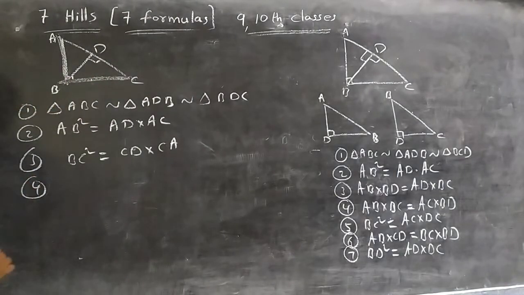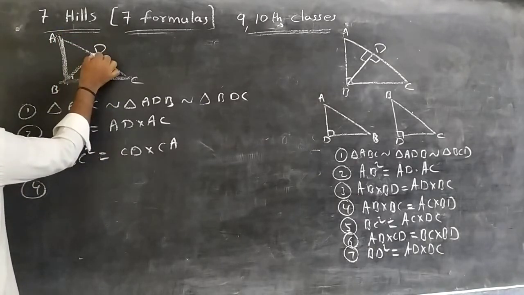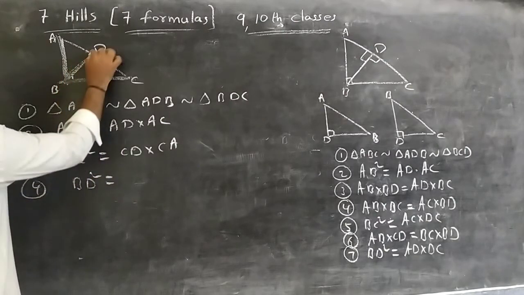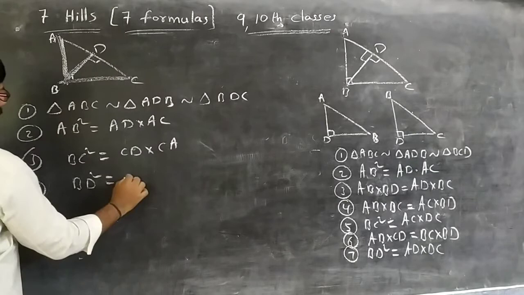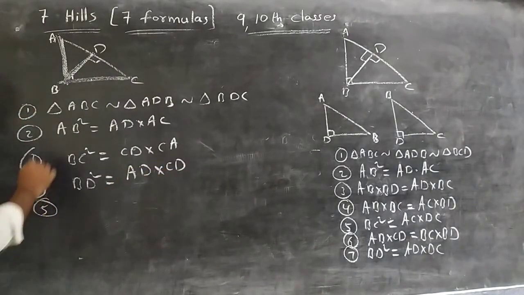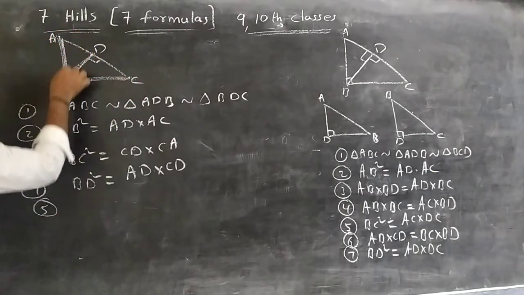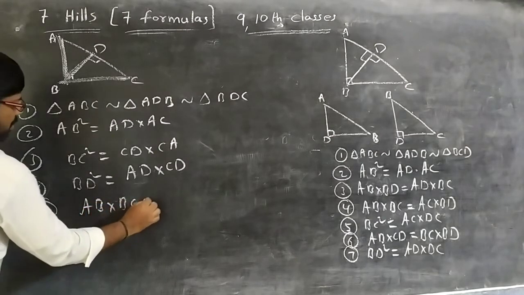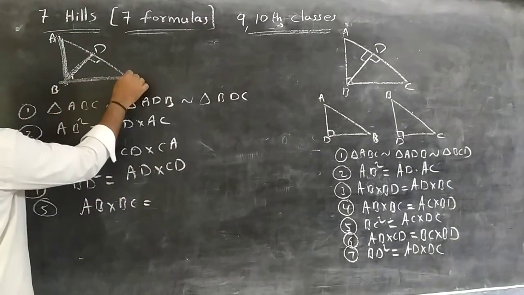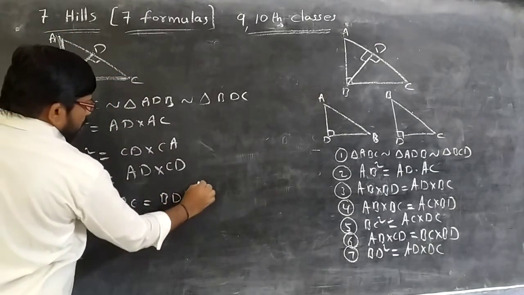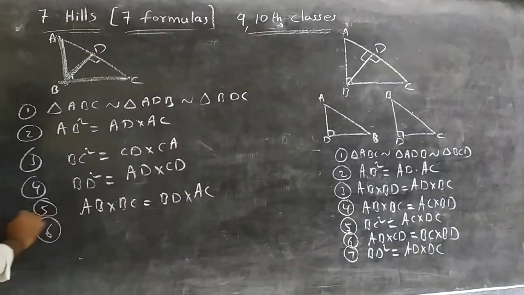The fourth one is BD square is equal to AD into CD. The next one, the product of perpendicular sides, AB into BC is equal to BD into AC.